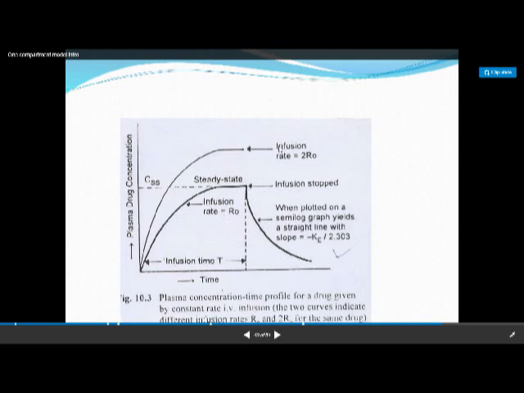If you double the rate, that is 2R0 infusion rate, there will be steady state, but to achieve the steady state, the same time is required, right? You can see here, the slope of this plot is minus KE upon 2.303. This is the plasma drug concentration versus time.